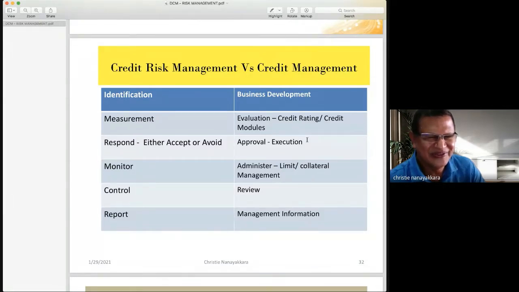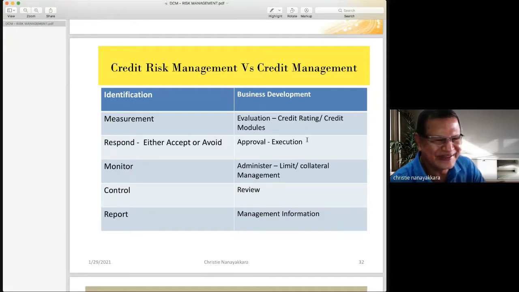So what you need to do is measure whether we could mitigate those risks by taking collateral, taking covenant, and if that measurement is not very unhealthy, or not very big for you to undertake, you accept. If your risk is too big for you to handle, you avoid. Avoid in the sense you decline the facility on the other side.